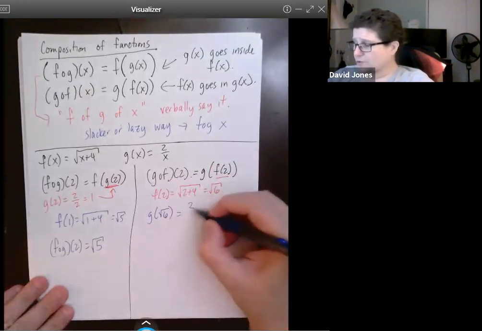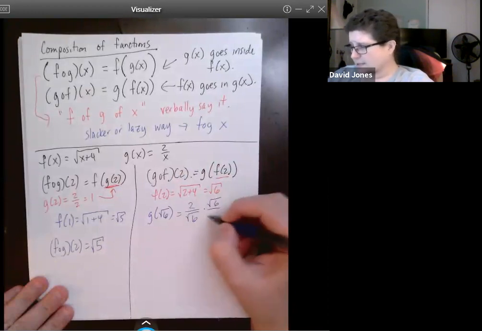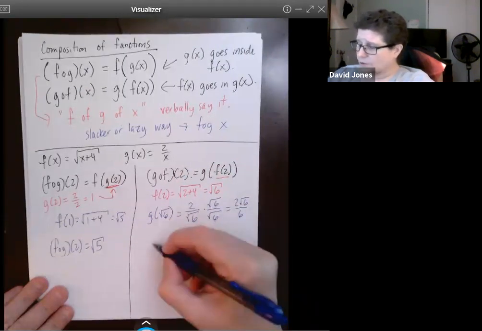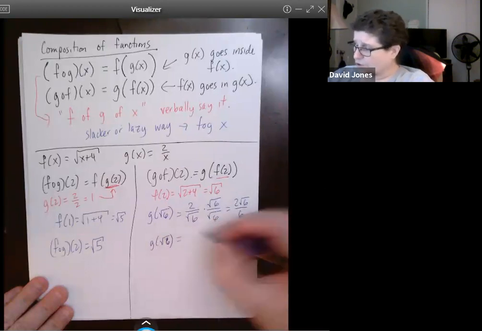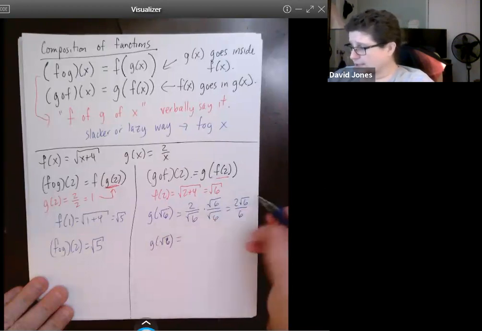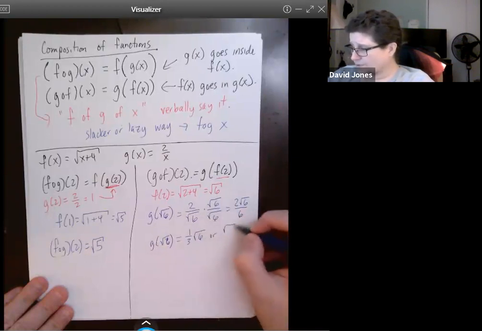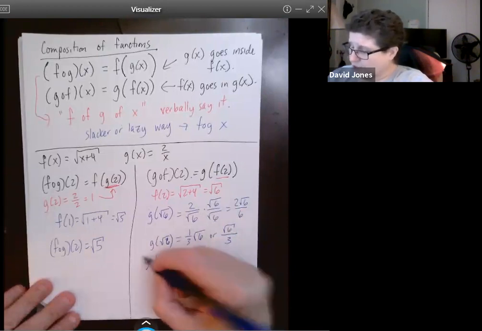And I get 2 over the square root of 6. And I'll rationalize it. And I get 2 root 6 over 6, which simplifies to 1/3 root 6, or root 6 over 3. And that's g of f of 2.